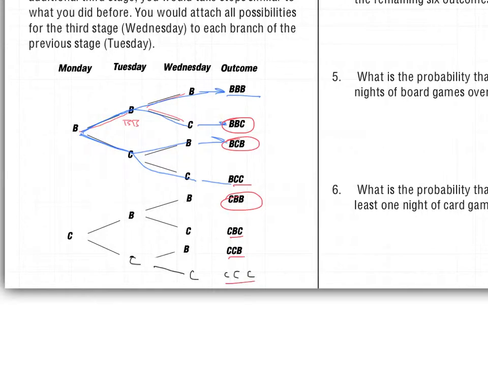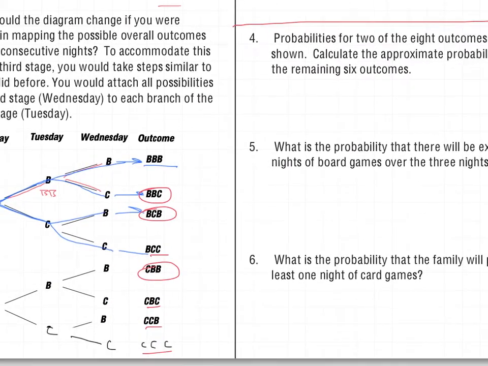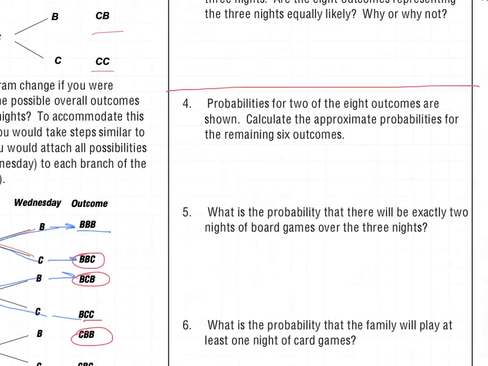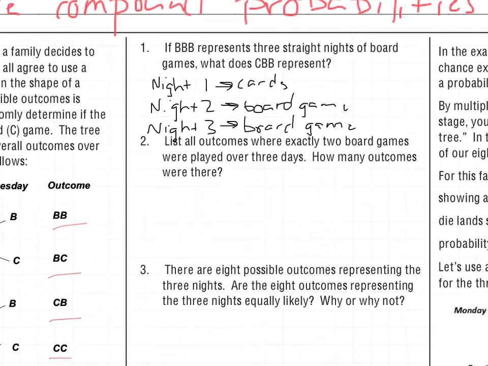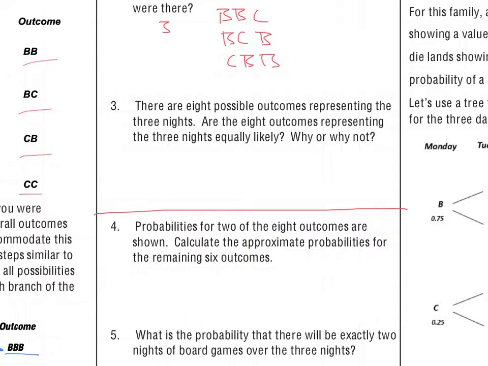So it looks like we have 3. We're going to list all of those outcomes. It's BBC, BCB, and CBB. Those are our 3 outcomes. There are 3 of them. So how many outcomes were there? There were 3.